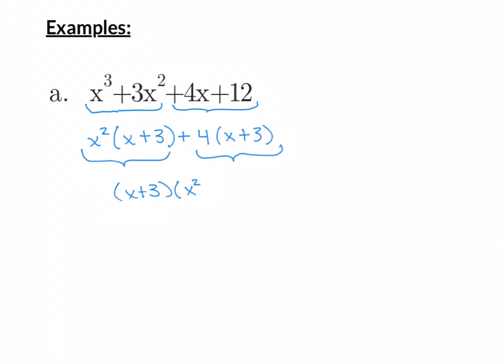I am left with x squared. Second thing, if I get rid of x plus 3, what am I left with? I am left with plus 4. And now we factored something using factor by grouping. Let's try one more.